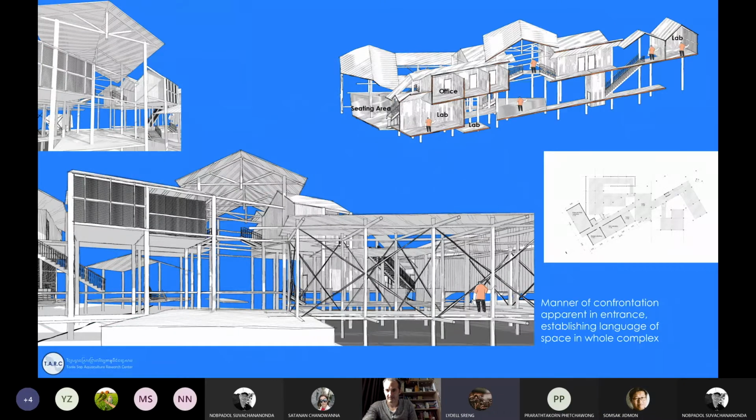So basically, this one is the first main lab leading to the other ones. It had to have a sense of arrival within the site. So having this, I used a confrontational language where there's a strong axis.